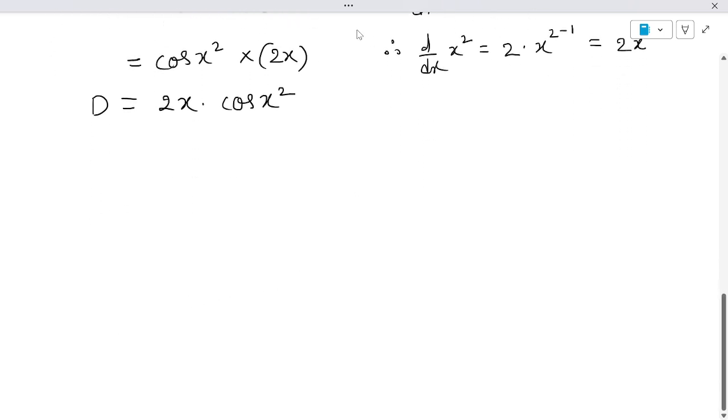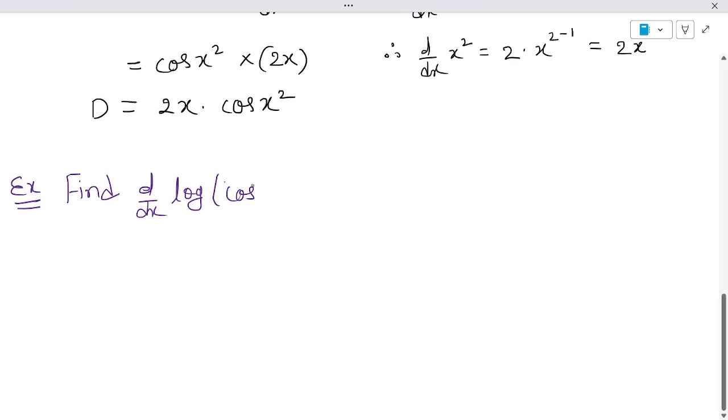Now consider another example. Find derivative of log of cos of 3x.